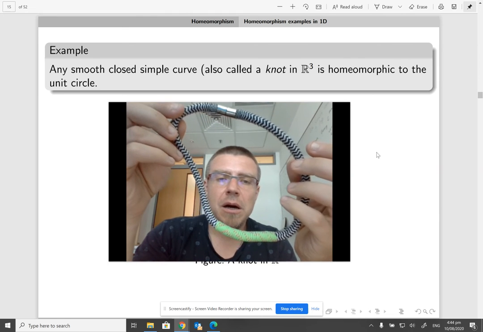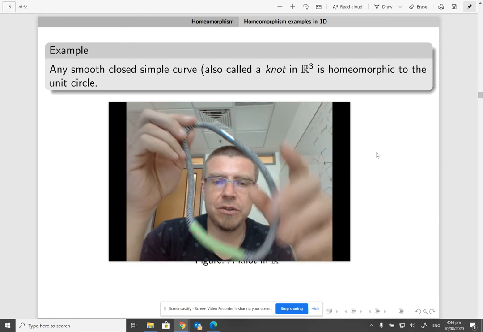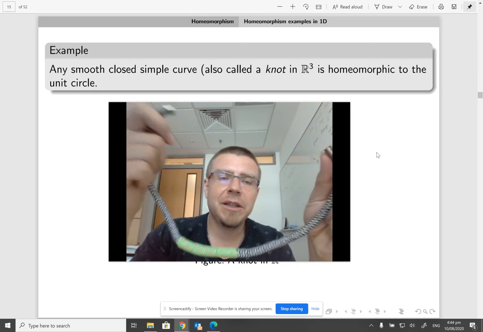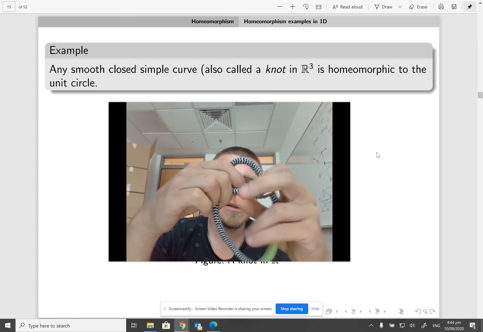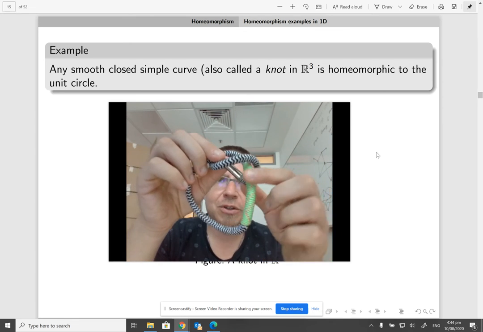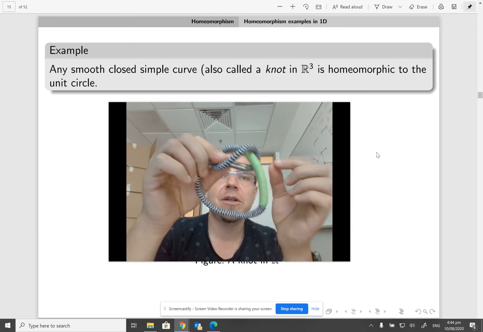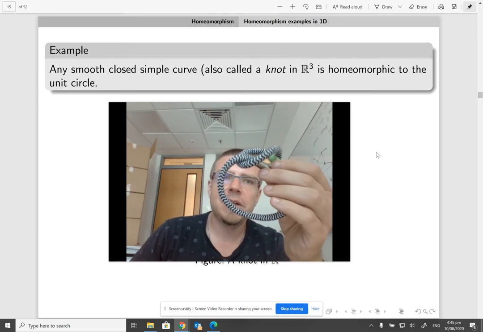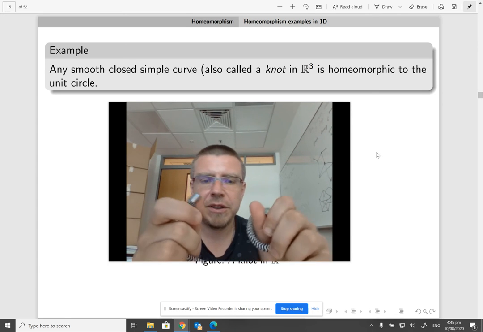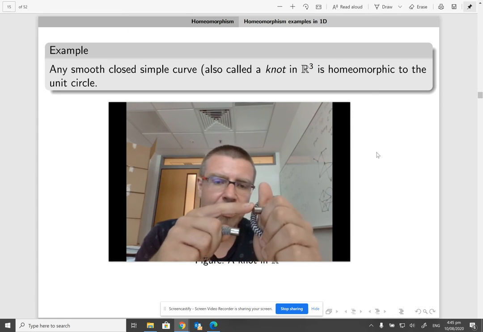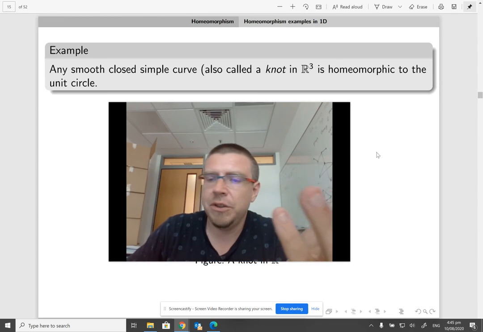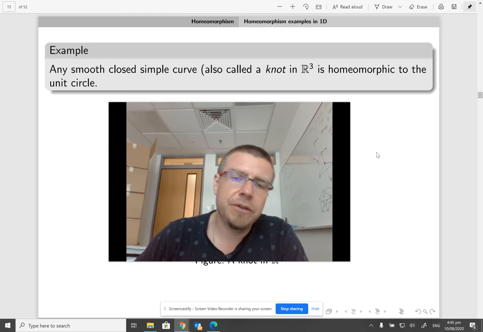Because in this operation, we just did a little bit of stretching, turning around, and we did cutting, but then we glued it back together at the same place. Which means that points that were close to each other initially, like these two points, are again close to each other in the end. So this is still a continuous deformation.